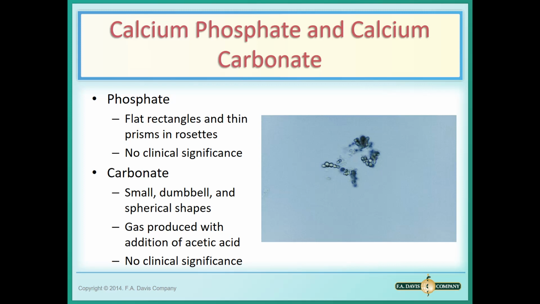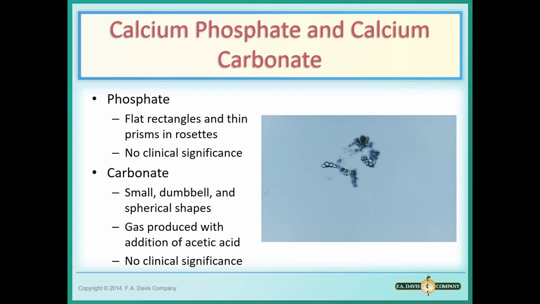Calcium phosphate and calcium carbonate are obviously both calcium-based crystals. No clinical significance to either one of these. Calcium phosphate can be rectangular or little rosettes, and I believe I put that on your little picture here. I know I did calcium carbonate with the dumbbell.